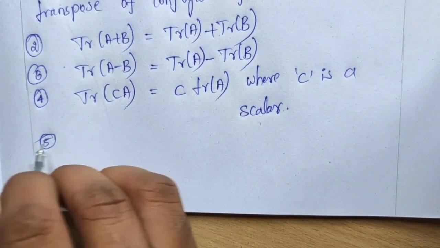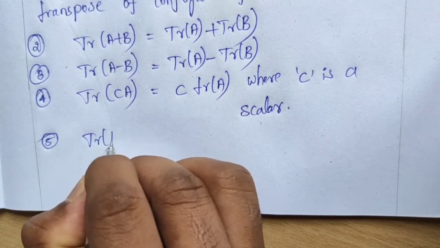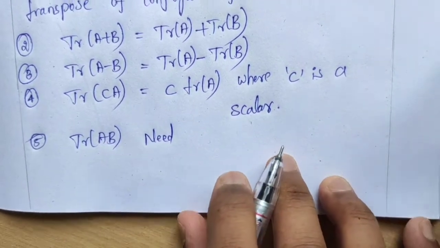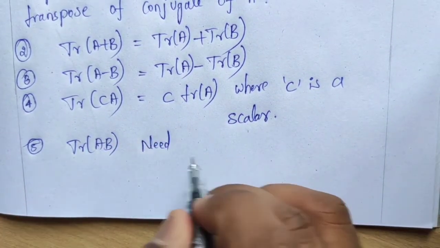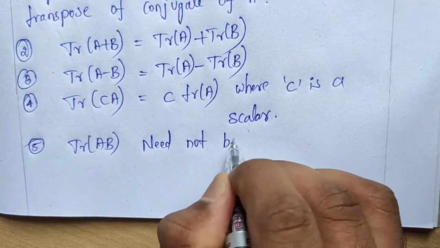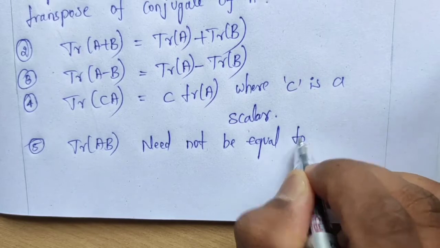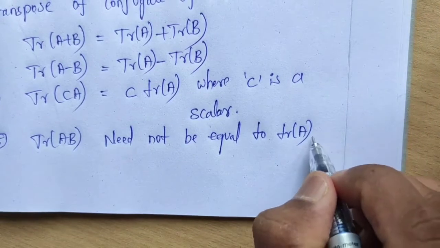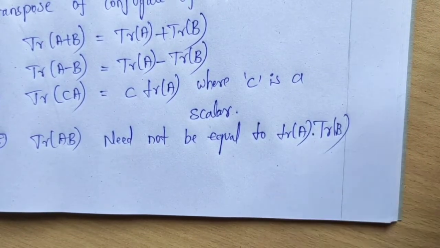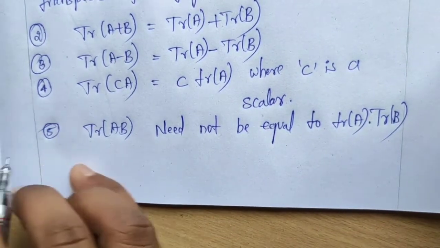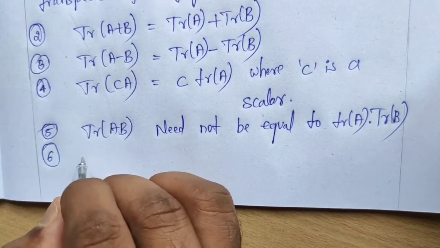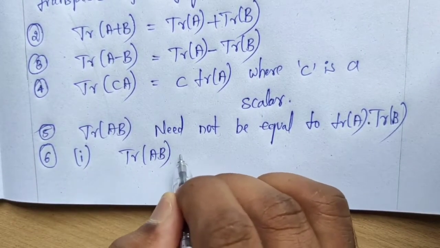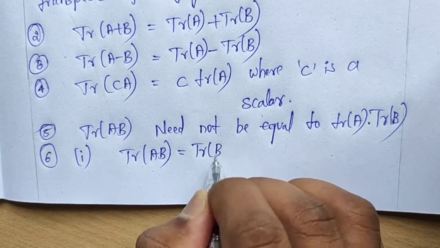Fifth property: trace of AB need not be equal to trace of A times trace of B. The sixth property: the first one, trace of AB equals trace of BA.